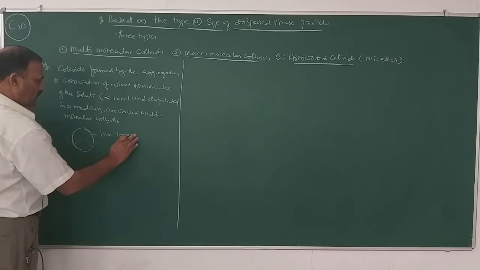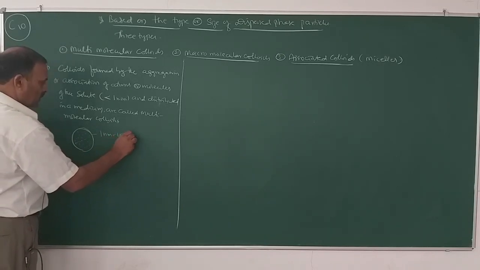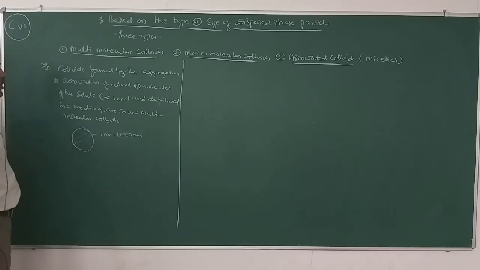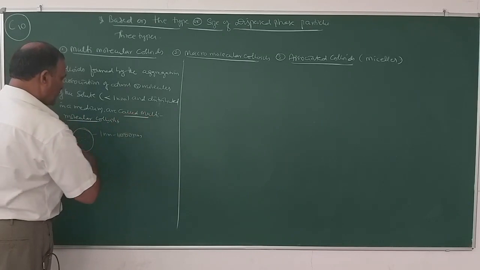Colloids formed by the aggregation or association of atoms or molecules of the solutes whose size is less than 1 nanometer and distributed in another medium are called multimolecular colloids.